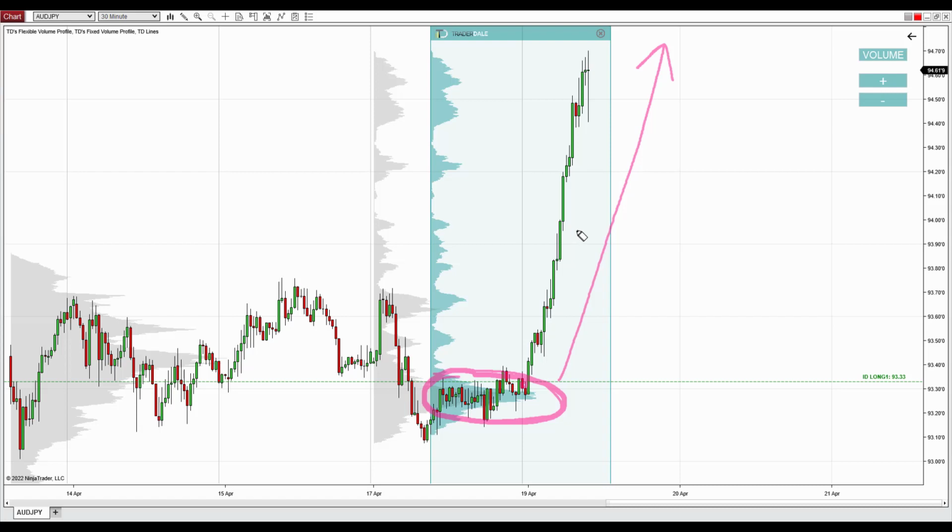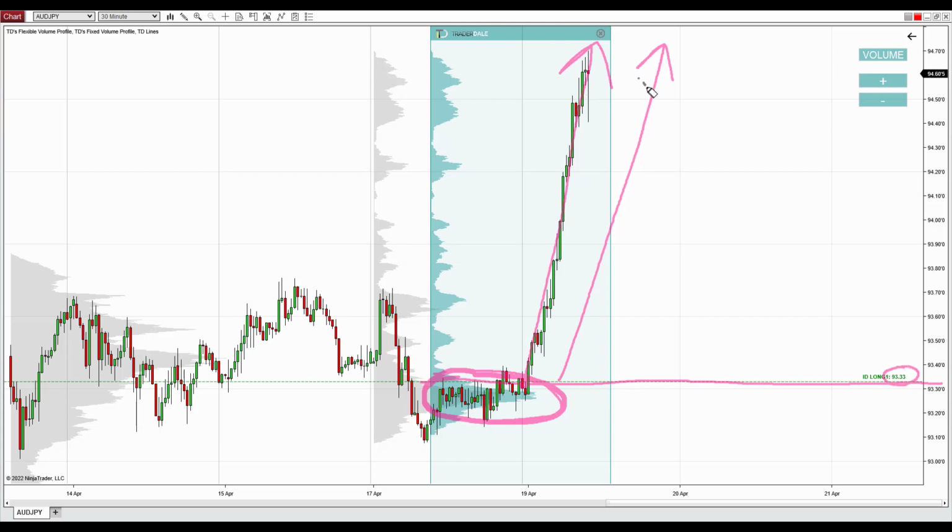This is again the volume accumulation setup that I showed you on the British pound, only in this case this is a long trade scenario. This is pointing us to strong buyers, and those buyers are likely to defend this heavy volume zone, which is beginning at 93.33.